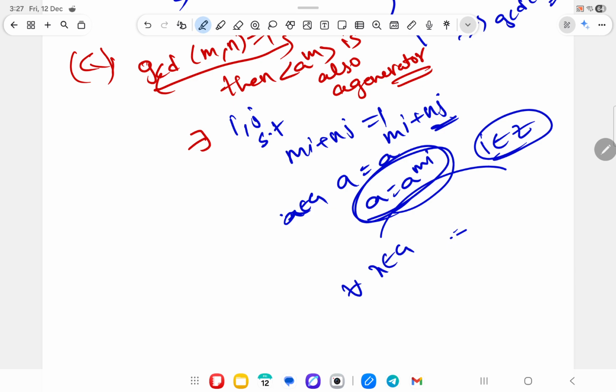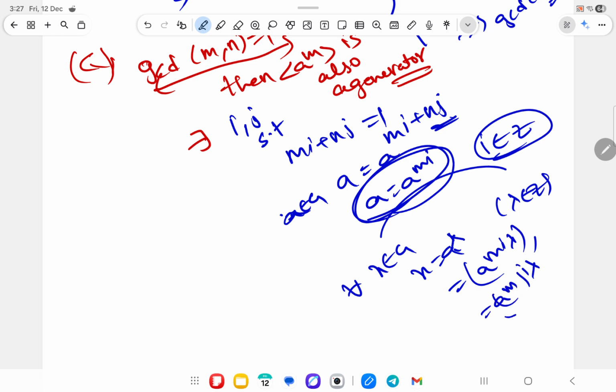So for all x belongs to G, x is a power n, but this is a power m. Let's take it as lambda. Lambda belongs to Z, right? A power m i lambda.